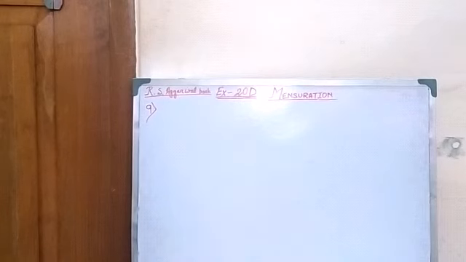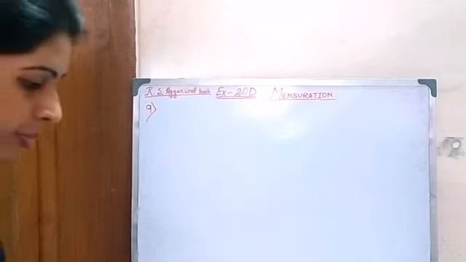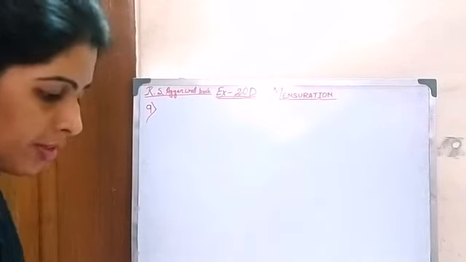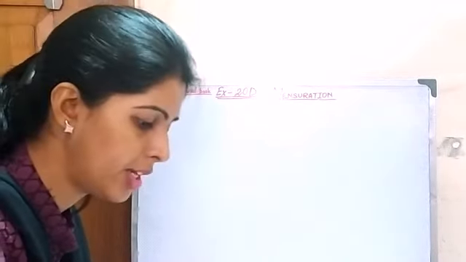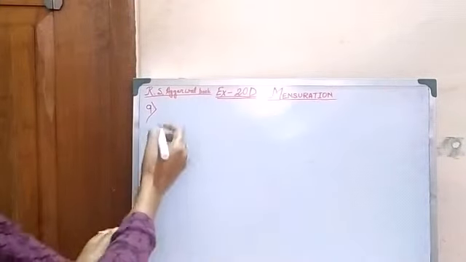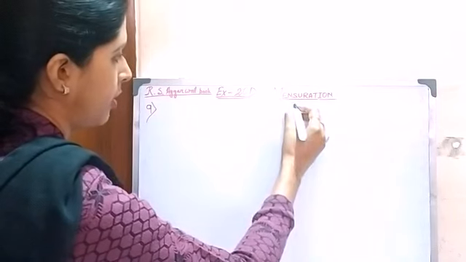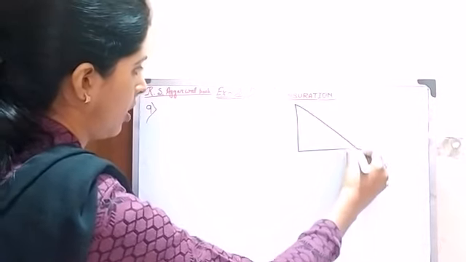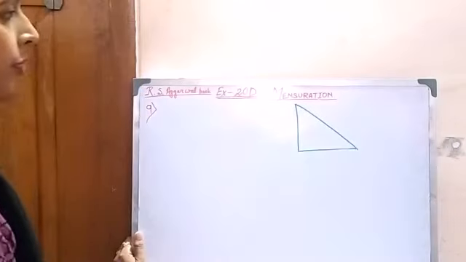Now come to question number 9. One side of a right angle triangular curve is 80 centimeter and its longest side is 1 meter. First I am drawing a picture of a right angle triangle.